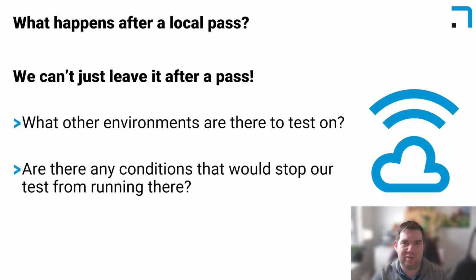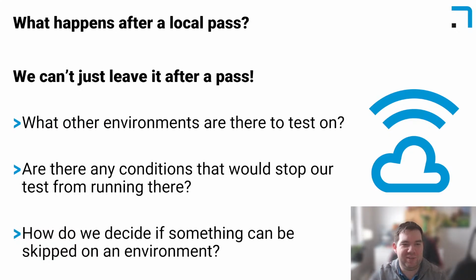How do you determine that, and how do you ensure that your test doesn't run where it's not supposed to? And if we get to that point, then how do we decide that something can actually be skipped over if it shouldn't be run in that environment? It's potentially pretty easy from the actual implementation standpoint, but how do we decide if something shouldn't be run?